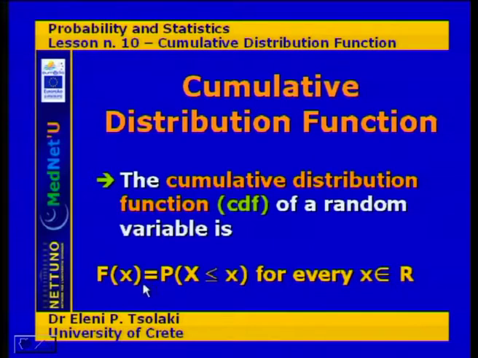It can be used in both cases. In the discrete case, we have to be careful about the equal sign. It will make a difference if we put it or not. But in the continuous case, as we have seen with the probability density function, the equal sign won't make a difference.